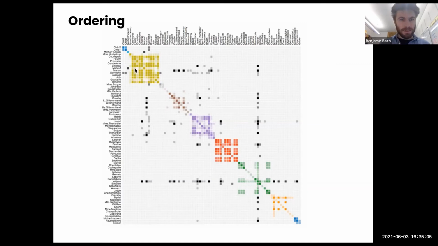Like this one has a little bit of opacity here, this one has a bit of opacity here, but this one is quite opaque, and so on. So this ordering, I don't go into details how it works. We have algorithms for this, and feel free to ask me if you want more information about this. But once it's done, it's really important to understand and to read these matrices.